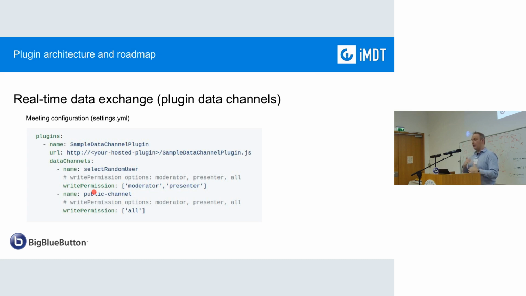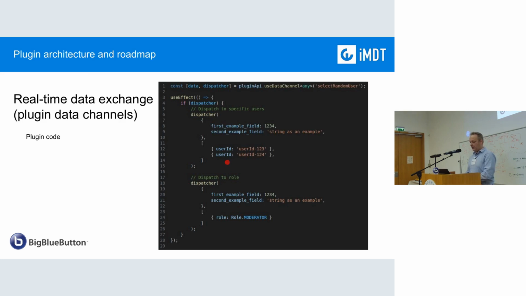But there is another level of control of the message flow. That is, when you publish, you dispatch a message and you can specify that this message is going to this particular user ID or to a certain role.